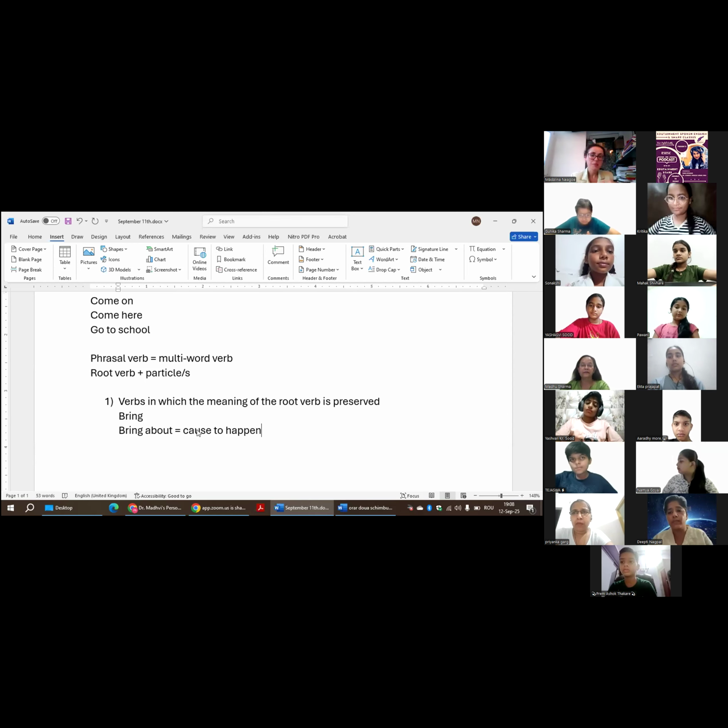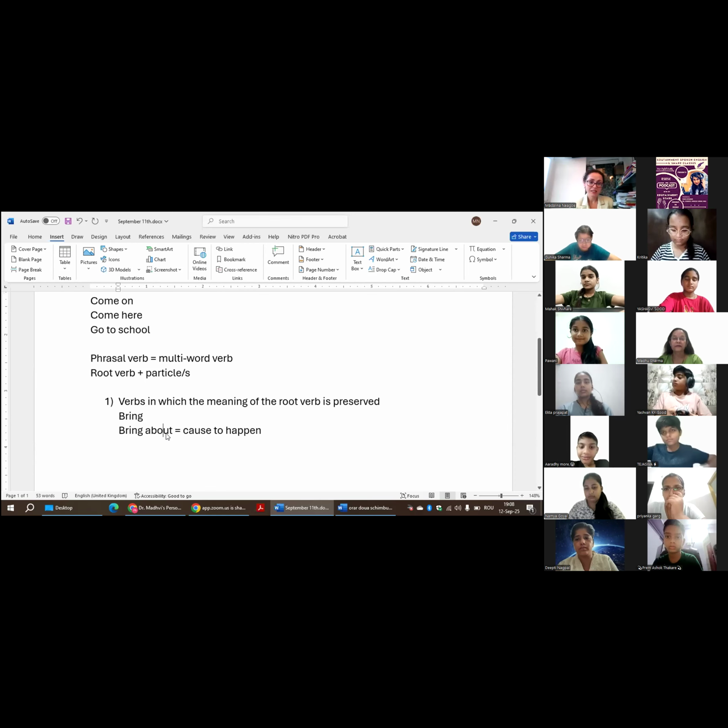Make something happen. So you can see that the particle enriches the meaning of the root verb. It is changed, but not completely in this case.